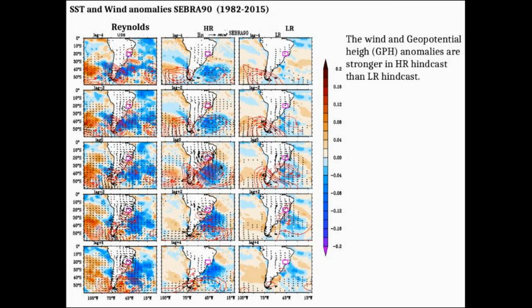But the low resolution model does not show this pattern, and the cooling is also very small over the coastal area when there is maximum warming, which suggests the feedback between the cloud and SST is weaker in the low resolution, whereas the high resolution is capturing it much better.